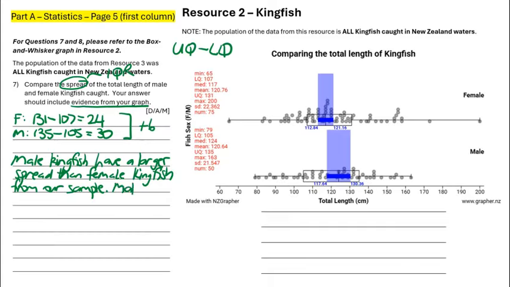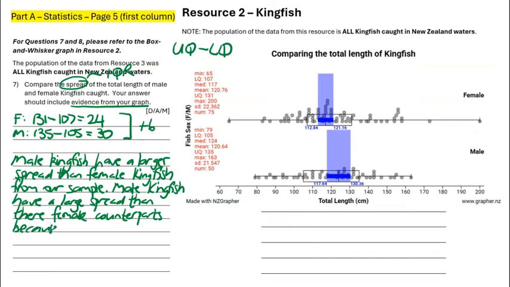So male kingfish have a larger spread than their female counterparts because their interquartile range is 6 larger than females. Okay, so that wraps up this question.